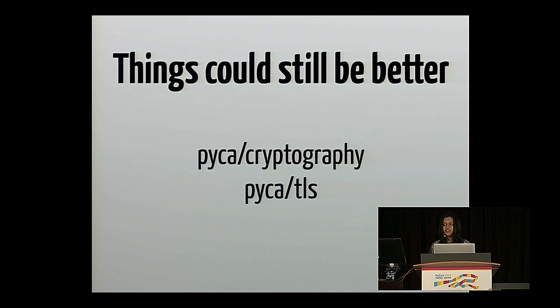Now, there's a project called PyCA's Cryptography, which is a Python project that aims to have opinionated APIs while still exposing low-level primitives when required. So this hides the complexity and at the same time exposes it to the ones who actually want to see it.